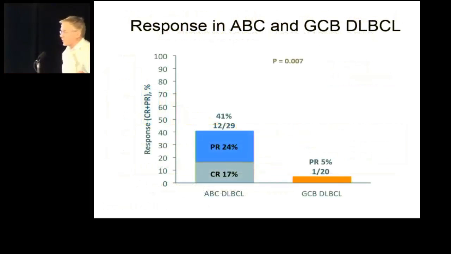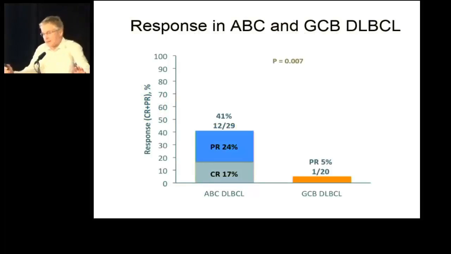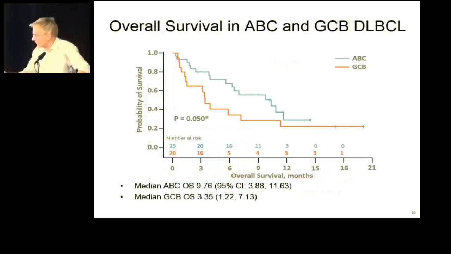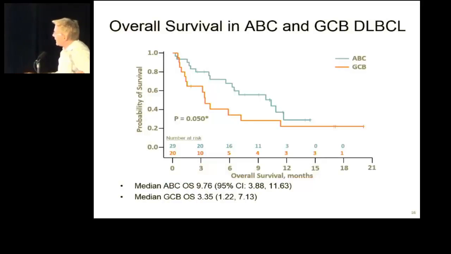And if we look at the activity defined by at least PR, you can see that 41% of the ABCs had at least a PR, whereas only 1 out of 20 of the germinal centers had this. And we also found that when we looked at OS, there was a difference in OS, with the ABC groups having a better OS than the germinal center.